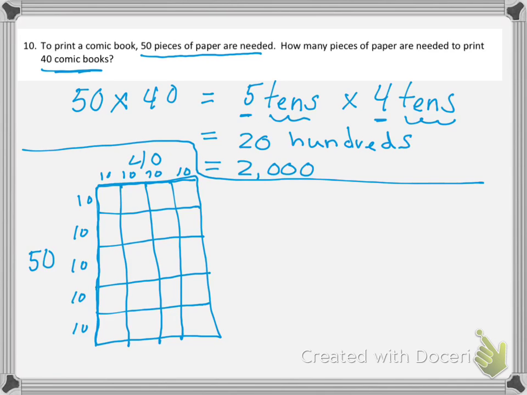So how many box grids do we have in this box? We have 20, and each one of those boxes is 100. So we have 20 hundredths in this area model. And how much is 20 hundredths worth? Well, again, 2,000.